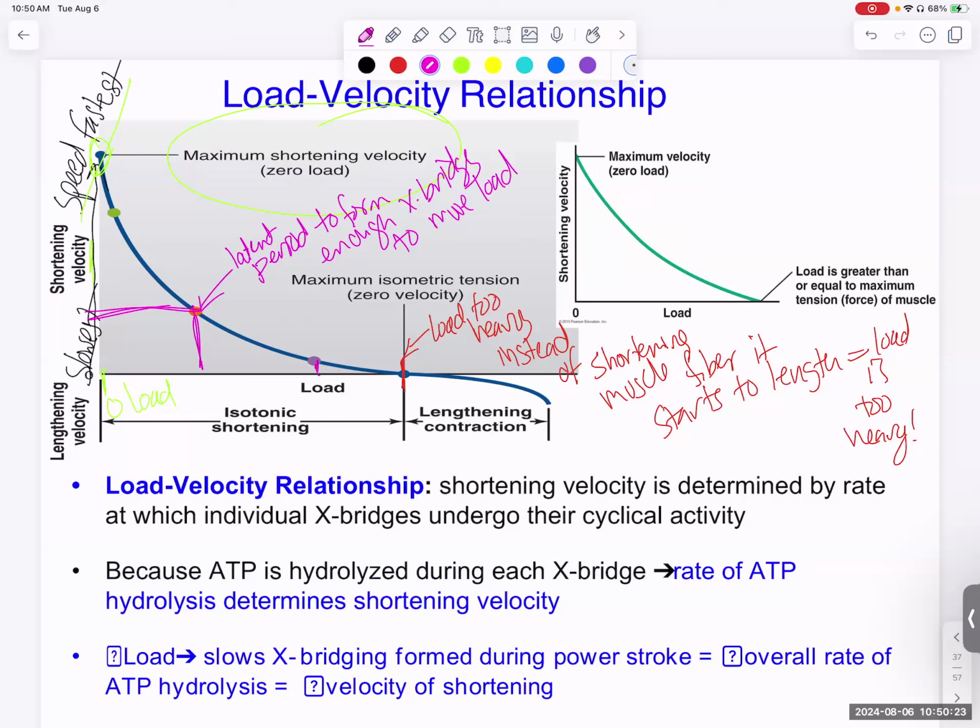Load gets even heavier, it's getting even slower. The velocity is decreasing. Here is maximum isometric tension. You can hold this. You have enough cross bridges to hold.